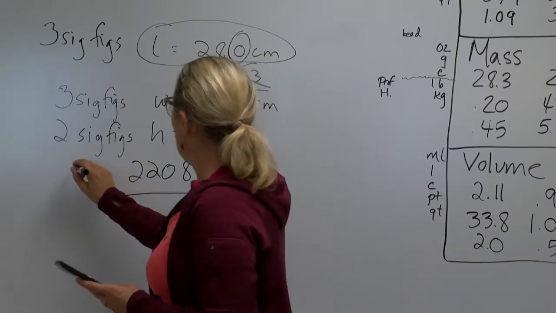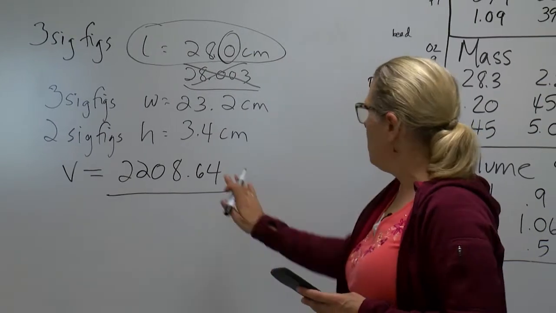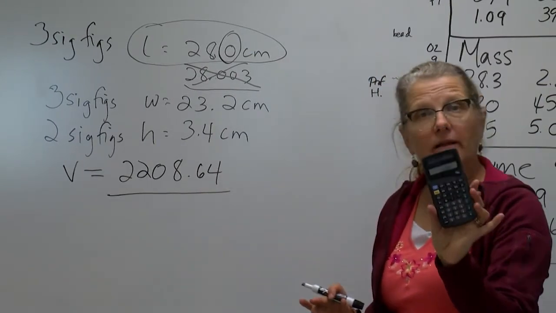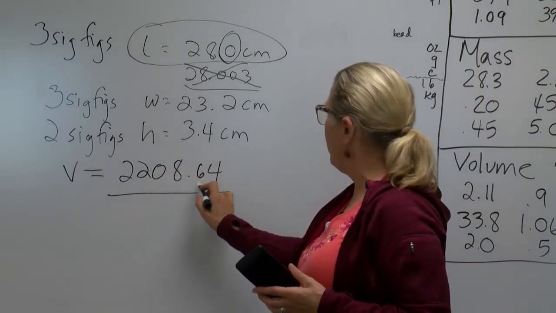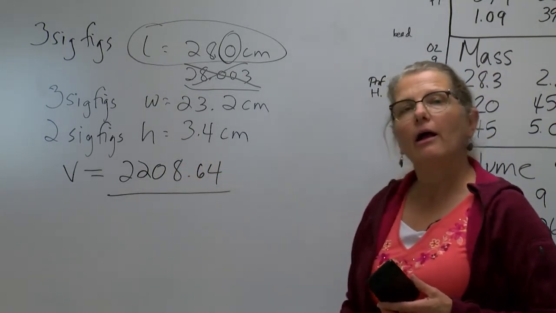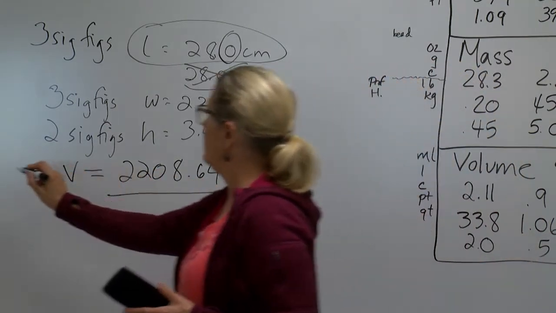Okay, so the volume is equal to 2208.64 according to the calculator. How many significant figures are there in this number? This number has 6 significant figures.